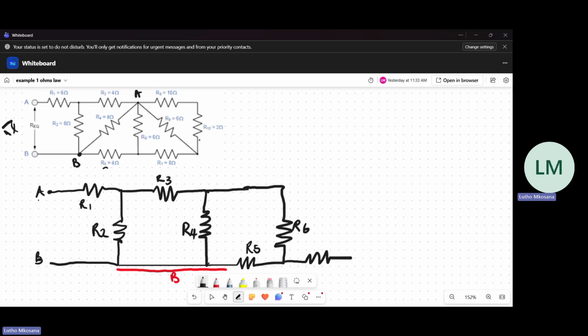And then there is R9 that is going to point A as well. So we're going to extend our point A and draw a resistor that is connected to point A, which is R9. And then we have R8 at the top. This is R8, in series with R10 over there.